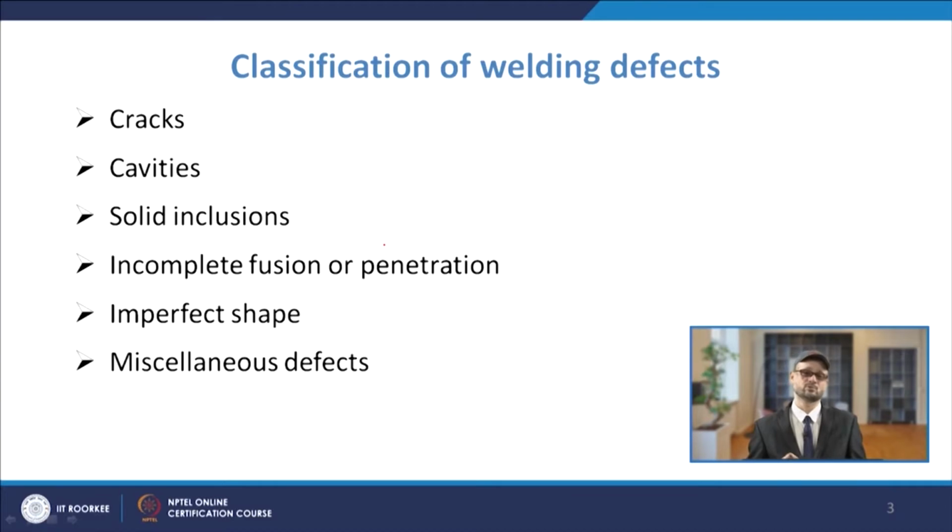If they are not able to go out, they remain in the weld. So, cavities may be because of these gases. In those cases you can have blowholes, where holes are inside the weld pool. You may also have porosities and shrinkage. All these are the different kinds of cavities which may be generated.